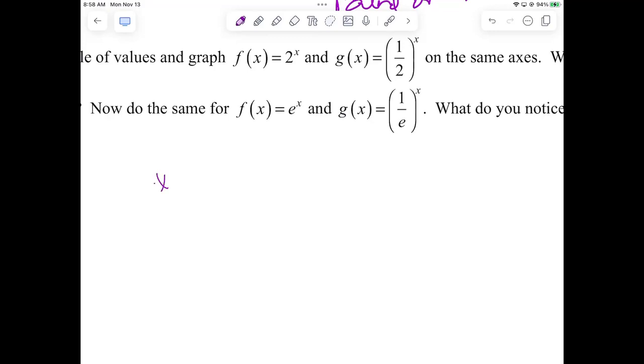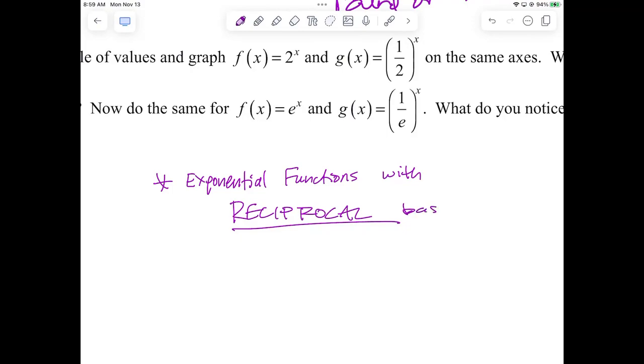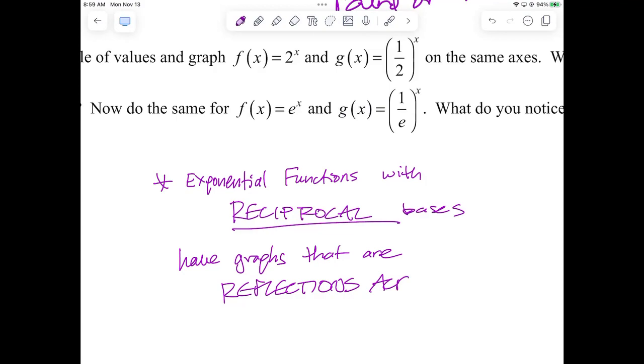So here's what we need to know from this. Exponential functions with reciprocal bases have graphs that are reflections across the y-axis from each other.